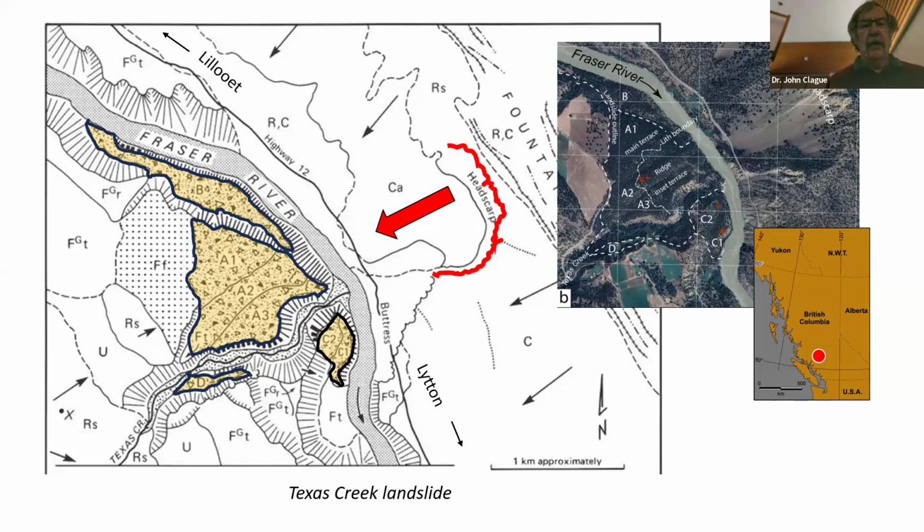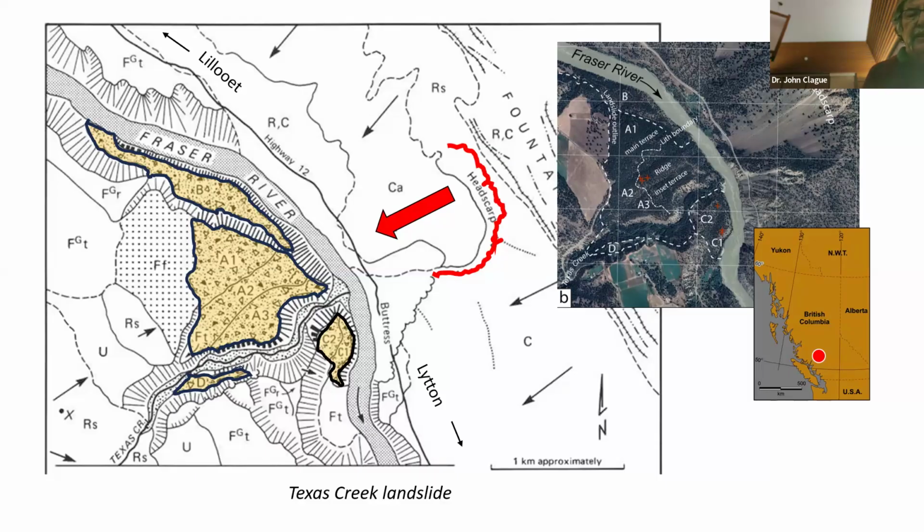I don't know how many of you have driven Highway 12 from Lytton to Lillooet. There's a highway that follows the Fraser River, and roughly 20 kilometers north of Lytton, the highway crosses the path of the Texas Creek landslide.